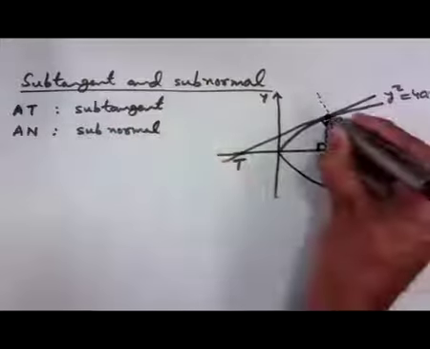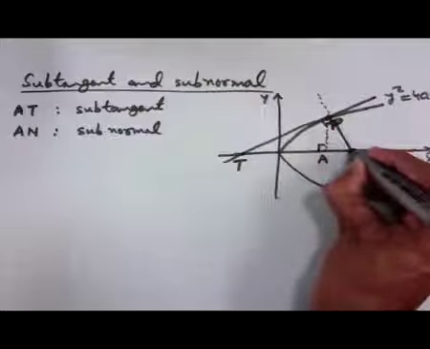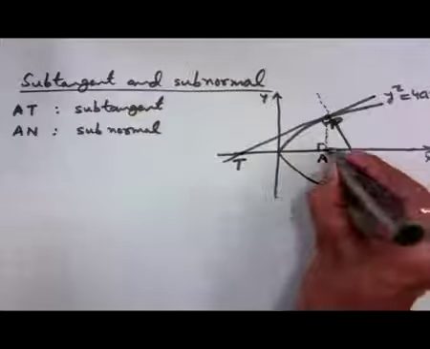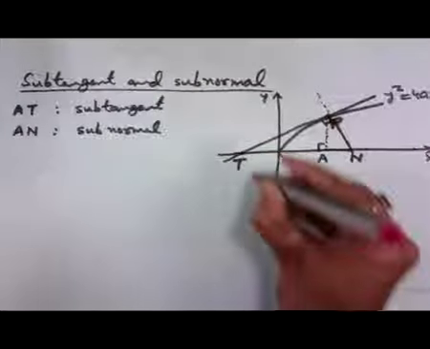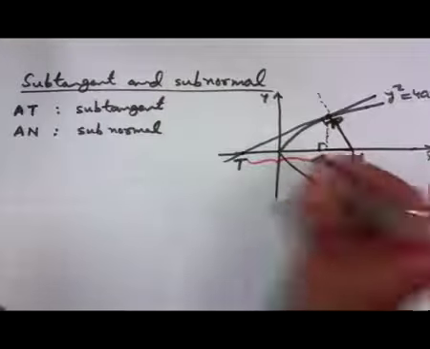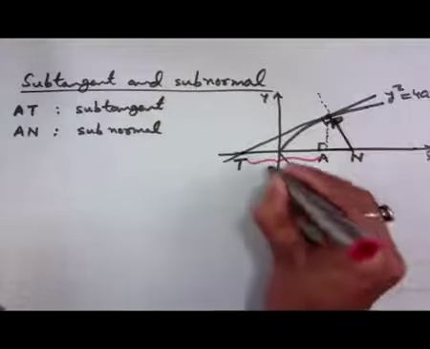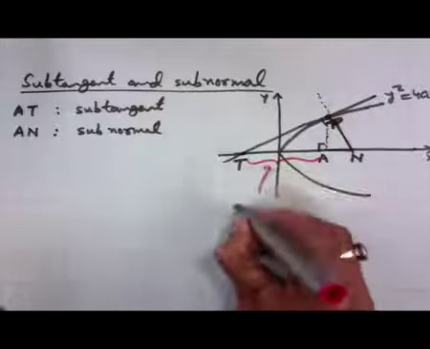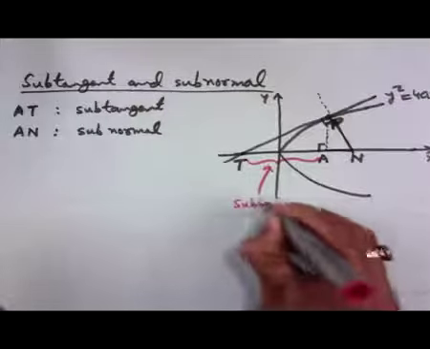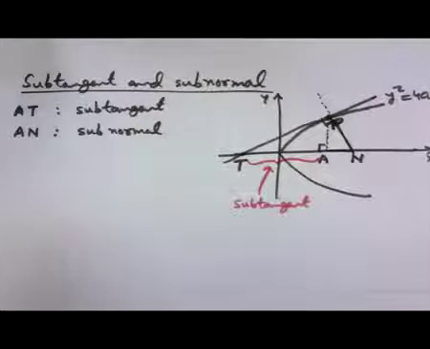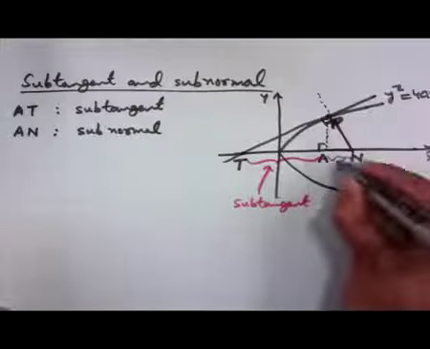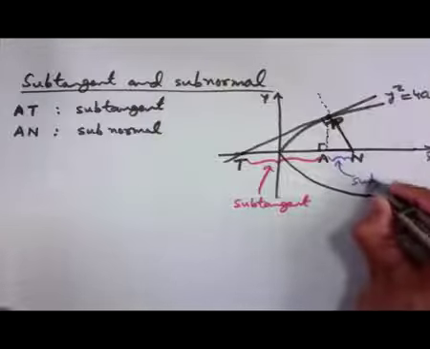This again, if you look at this, P N is the normal and its projection on the x axis is A N. So, this is subtangent, and this one A N is subnormal.